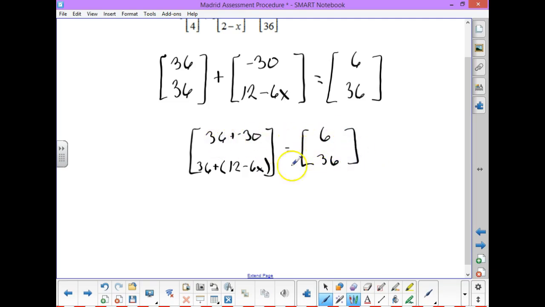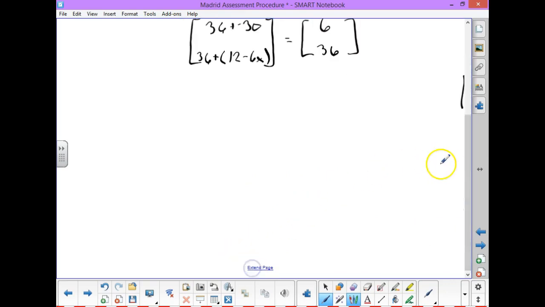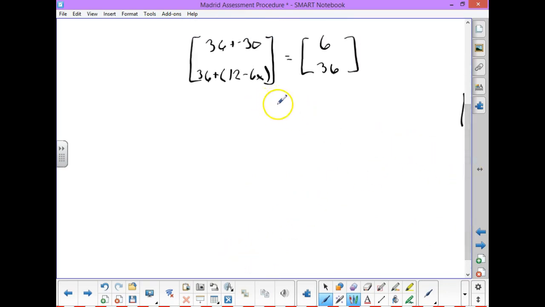This top one's already done, but let me continue here. It's almost like two equations, two problems separately. So I do the math there, and I have 6 equals 6, as far as that goes.